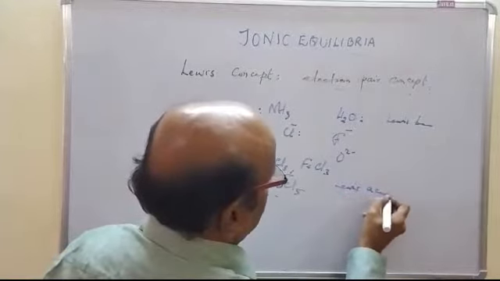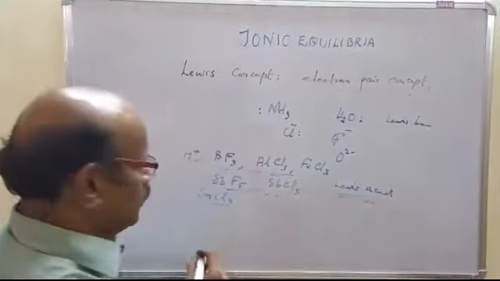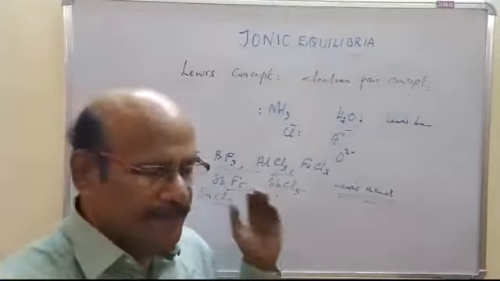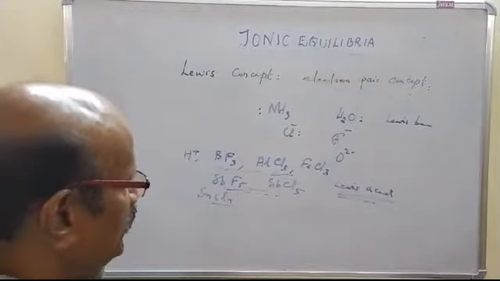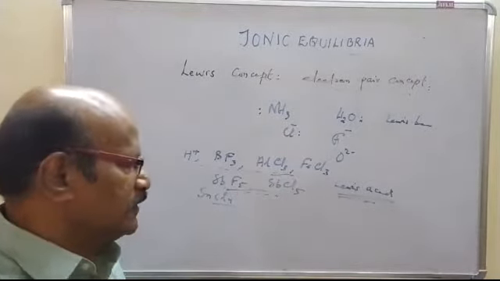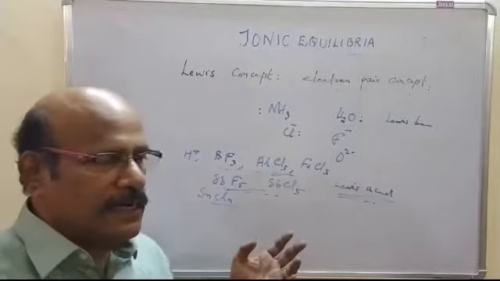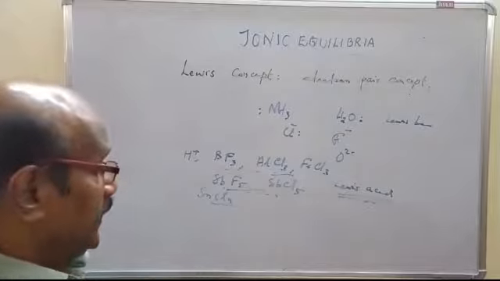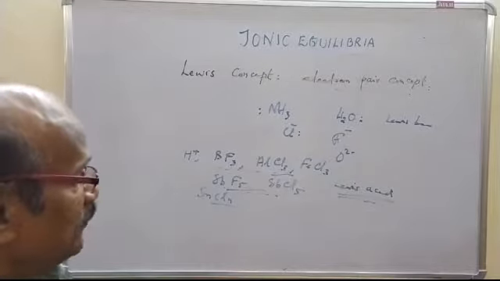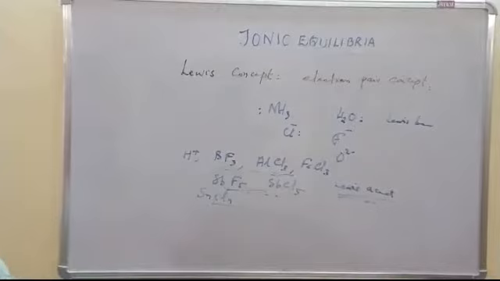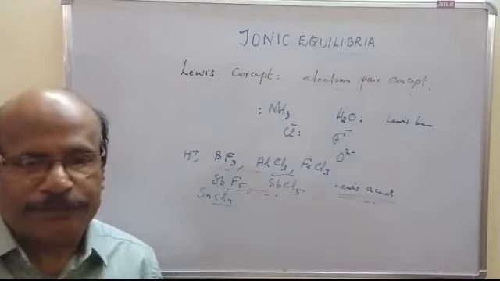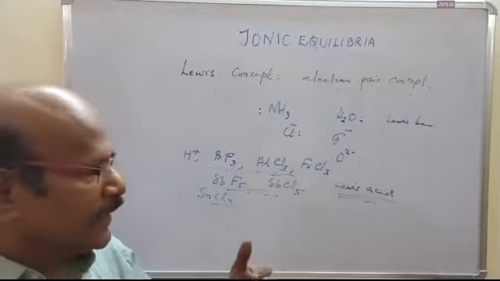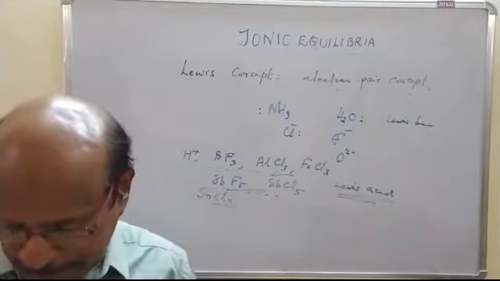So all these compounds can act as a Lewis acid. Any compound that contains an electron deficient atom, like H plus, BF3, AlCl3, FeCl3, etc., acts as a Lewis acid. Similarly, any compound with a vacant d orbital, like SbF5, SbCl5, etc., and stannous chloride, can extend their electron number beyond the octet and be considered a Lewis acid.